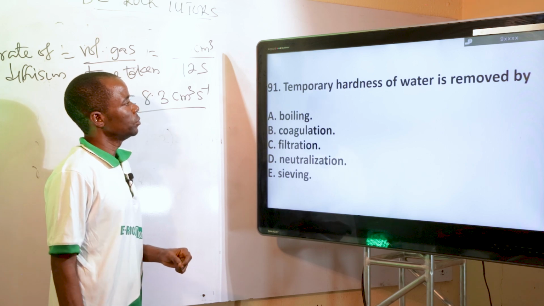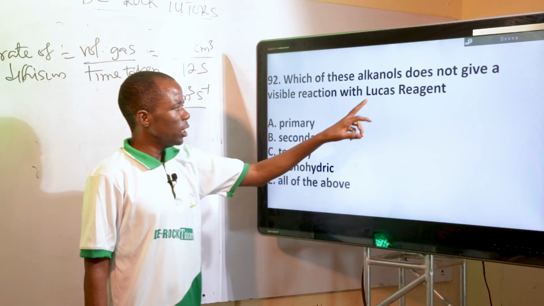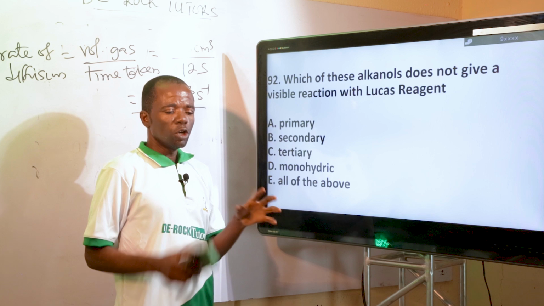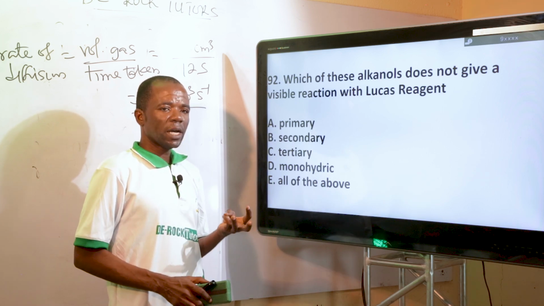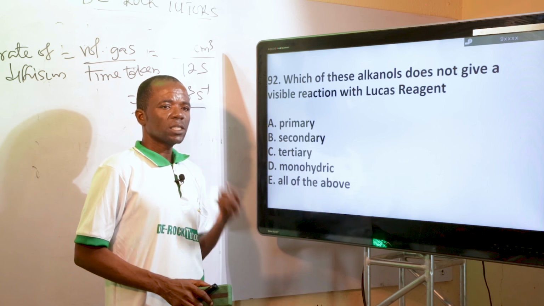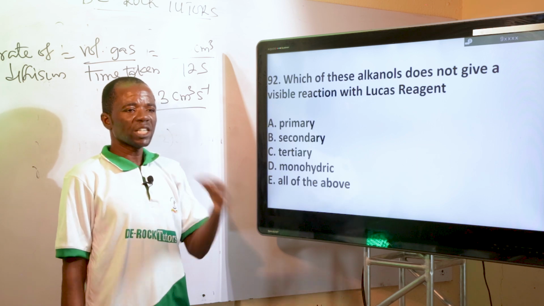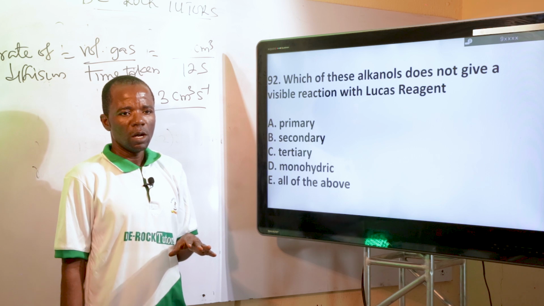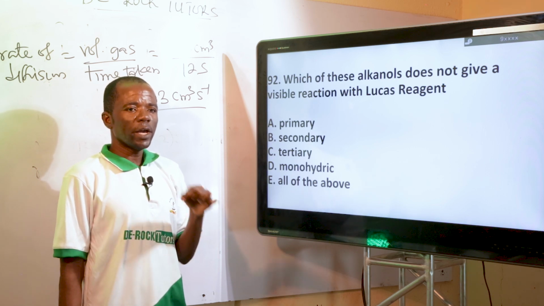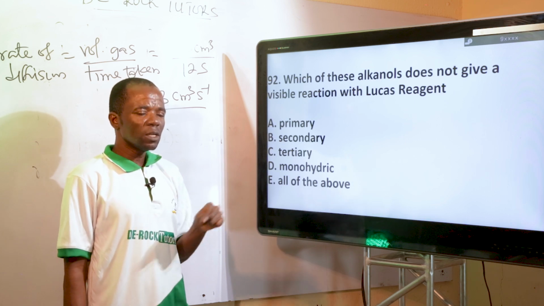Number 92. Which of these alkanols does not give a visible reaction with Lucas reagent? Now, Lucas reagent is a reagent that can be used to distinguish between the three classes of alkanols: primary, secondary and tertiary alkanols. When Lucas reagent is added to a tertiary alkanol, it becomes turbid instantly. On the other hand, when Lucas reagent is added to a secondary alkanol, it doesn't form turbidity right away.